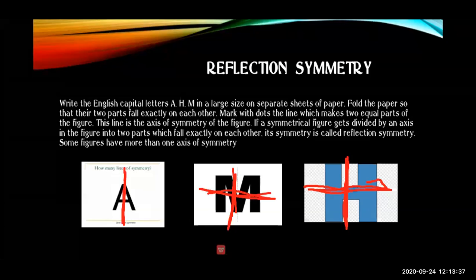Now some figures have more than one axis of symmetry. We can see this through our exercise.